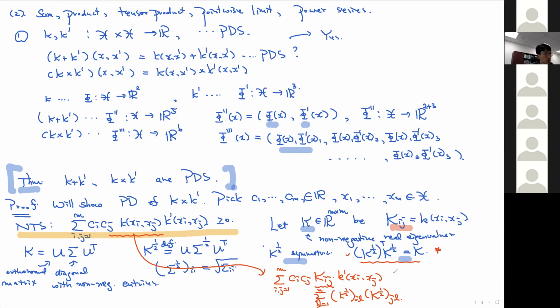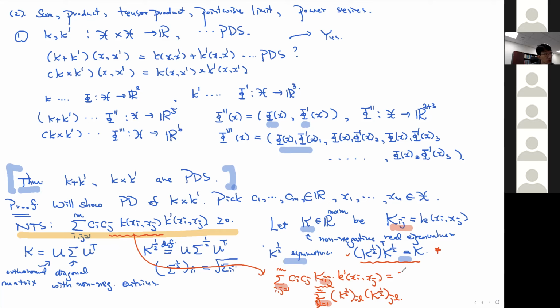Now using this characterization, we replace Kij with the term that I just wrote, and then move this summation outside of the summation that was originally up here. Then here's what we get.